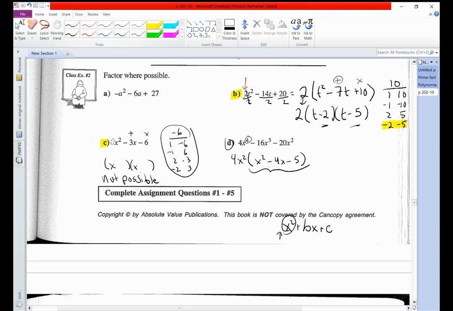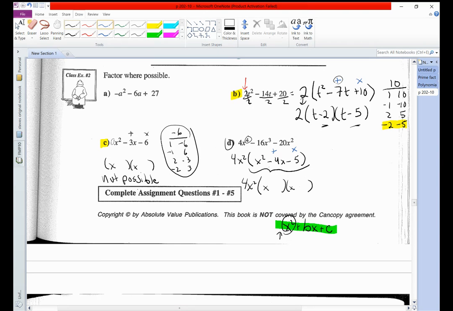It's in this form that we want. So now we can factor it properly. So I'm looking for two numbers that multiply to -5 and add to -4.